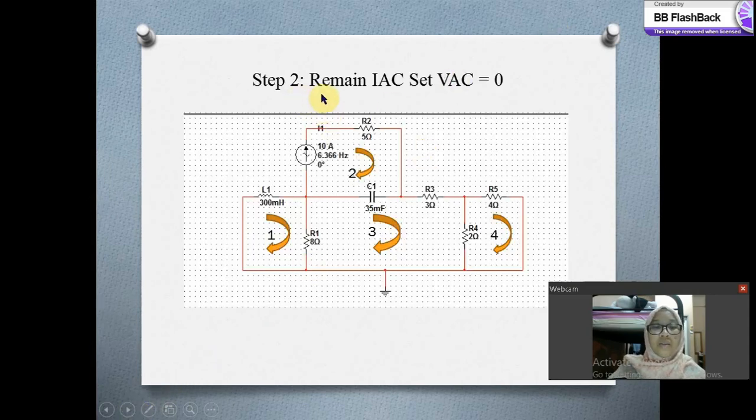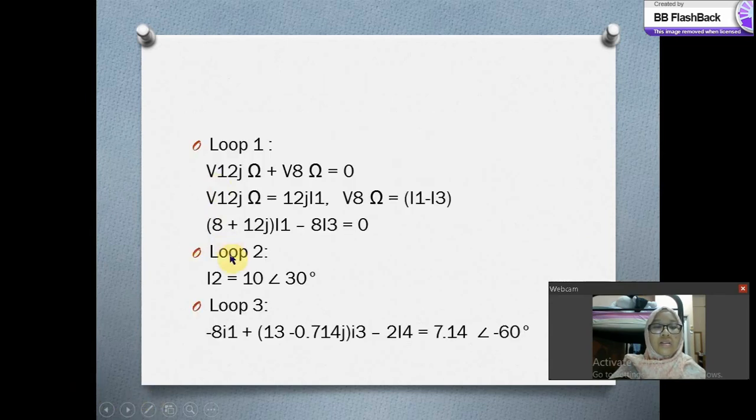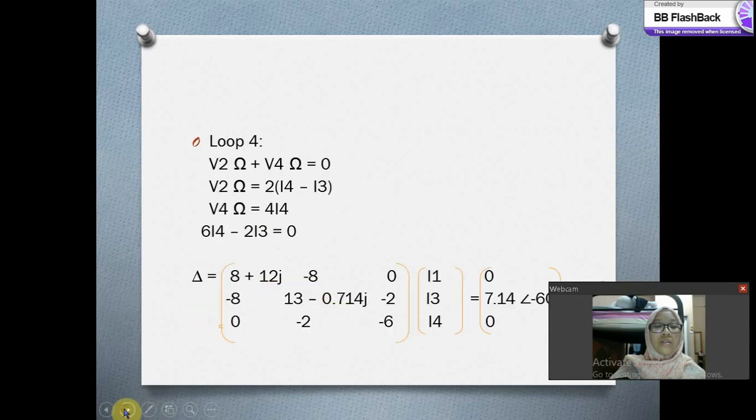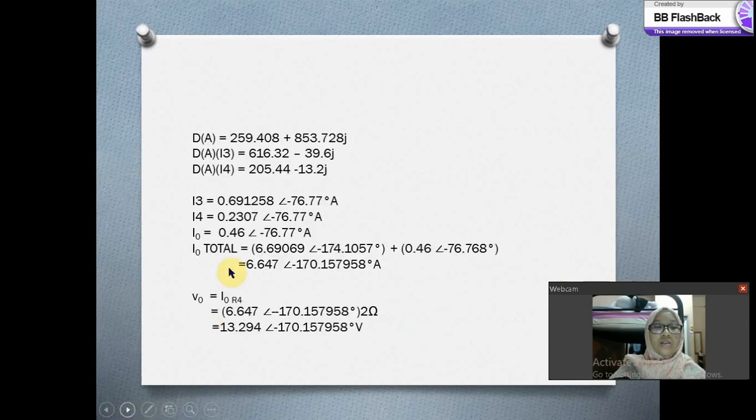And then step number 2, remain the current source and set the V source equal to 0, let them be short circuit. And there are 4 loops, because loop number 2 we already got the current, so we just have to find I1, I3 and I4. So we got the I0 for step number 2, 0.46 at negative 76.77 degrees ampere.